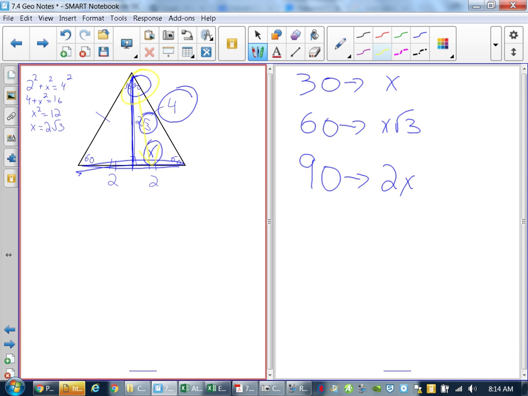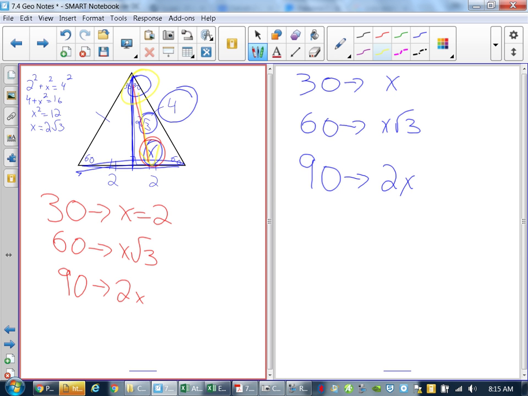So across from the 30 is my value of x, and it equals 2, which means everywhere I see an x, I replace it with the number 2. That's why I get 2 root 3, and why I get 2 times 2, which is 4. Reusing this little algebra jig gets you through all of it.